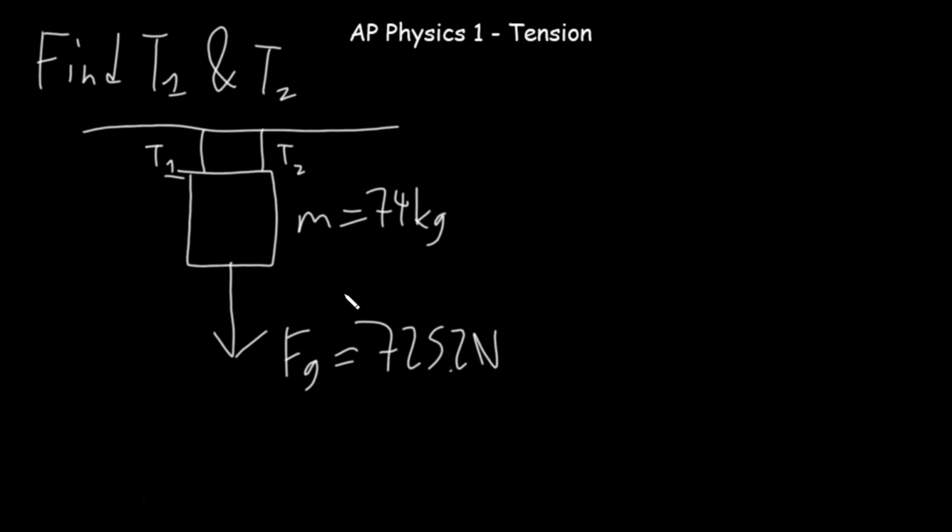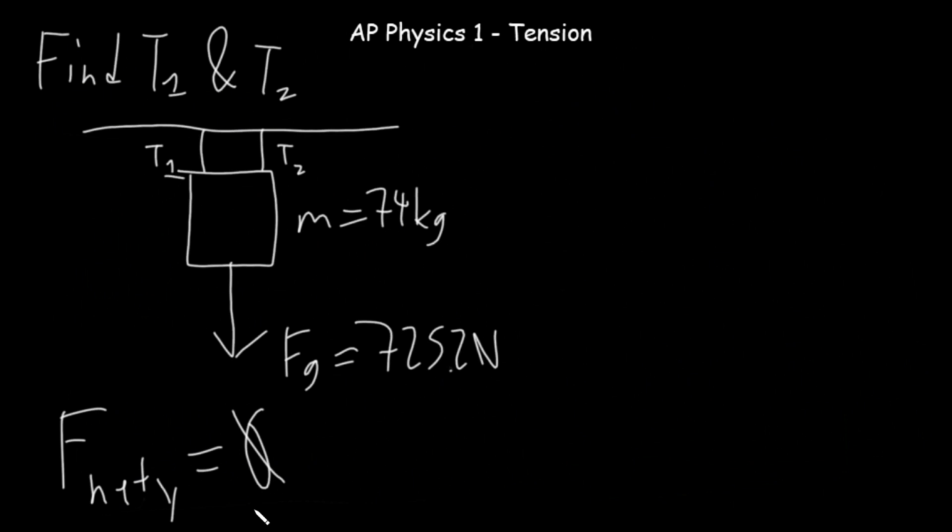In this problem, we're given a very similar scenario, except we have two tensions that are pulling the box up, or responsible for keeping the box up, and resisting the force of gravity. Again, the net force in the y direction in this problem is equal to 0.